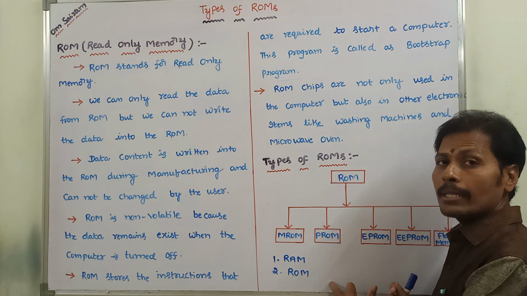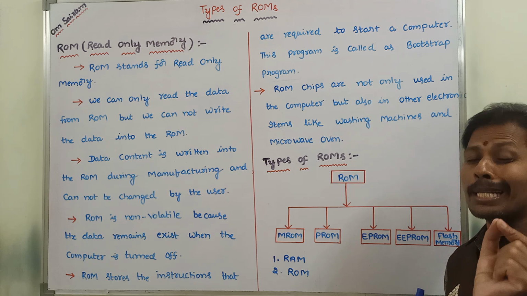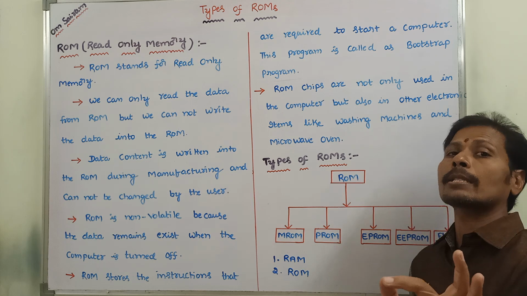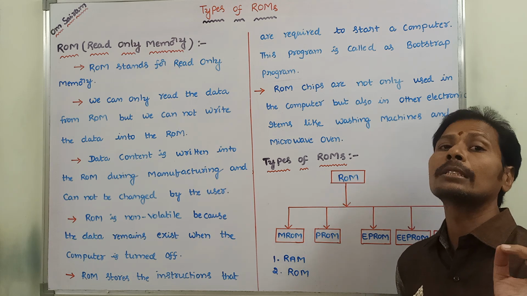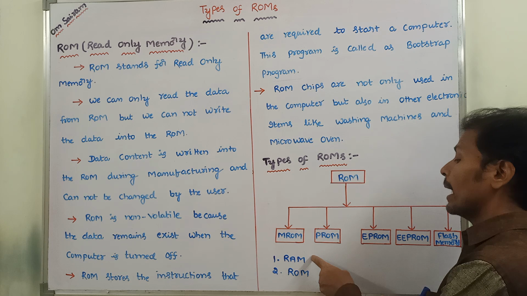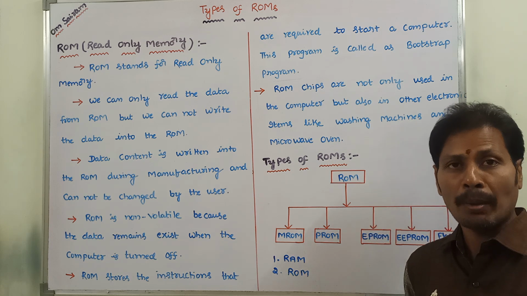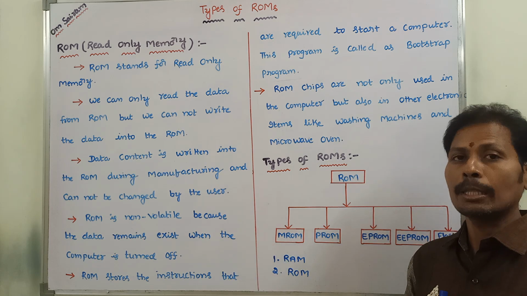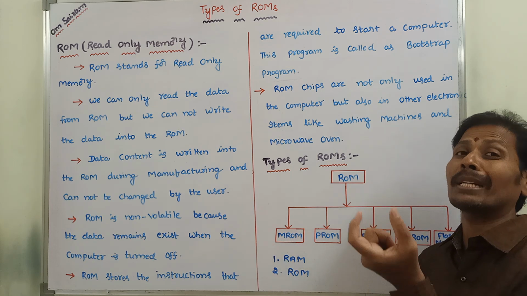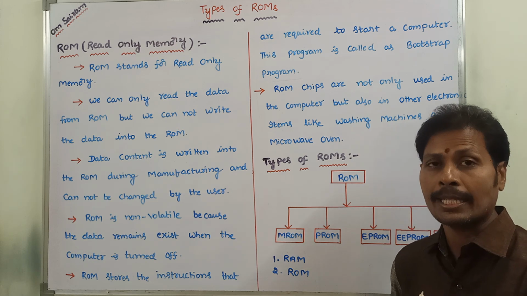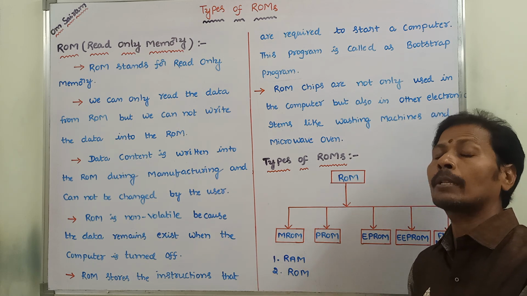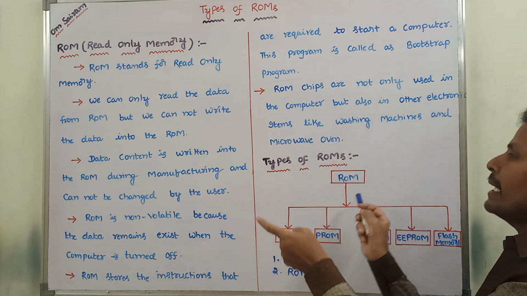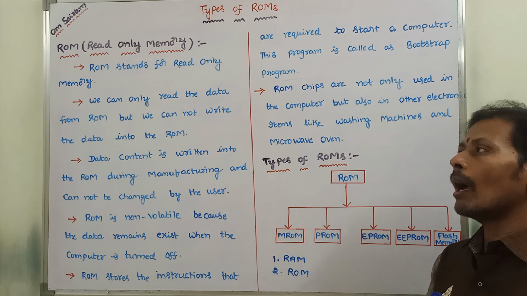That means the data that is present in the read-only memory continues to exist when the computer is turned off. Whereas in the case of random access memory, it is volatile. That means the data that is present within the random access memory is lost when the computer is turned off. So these are the main important points regarding the ROM.